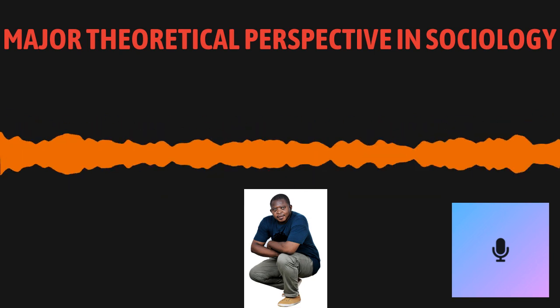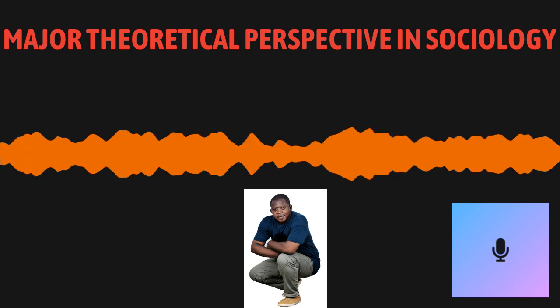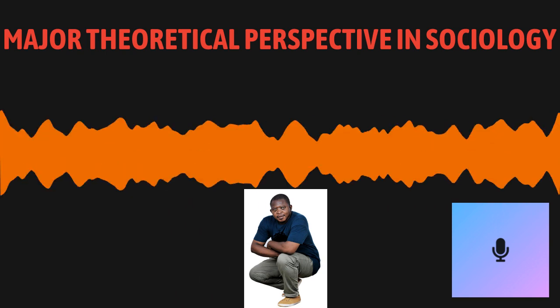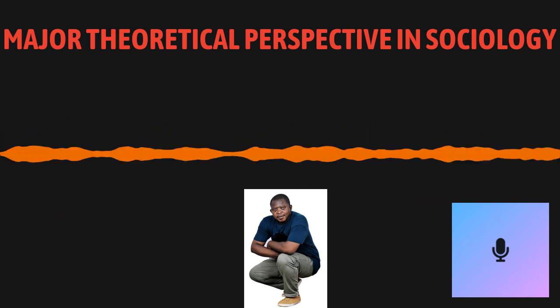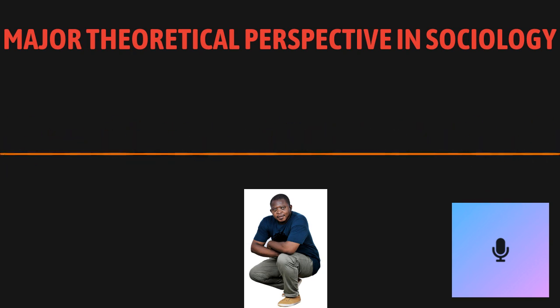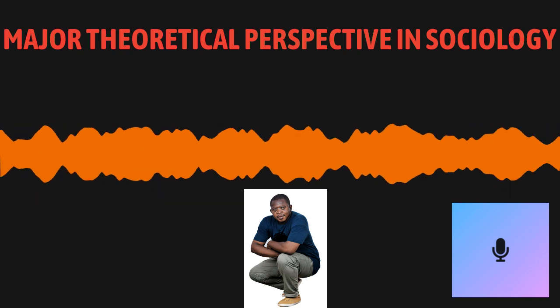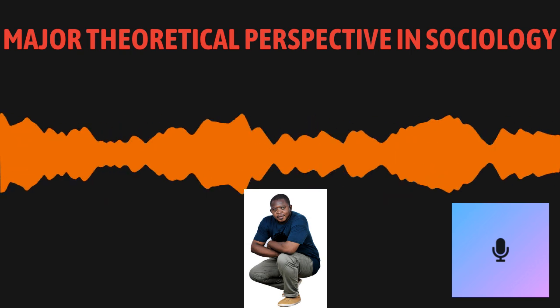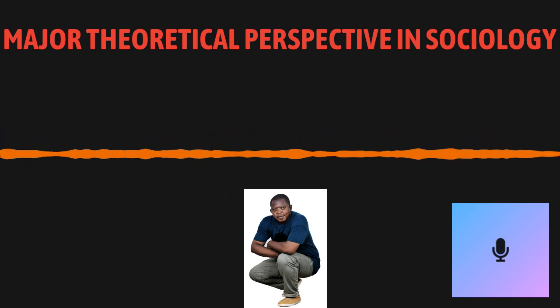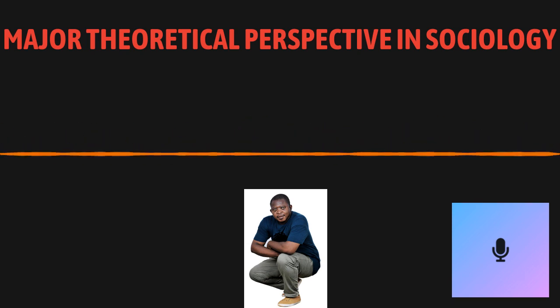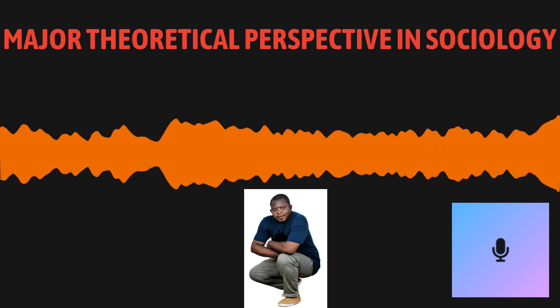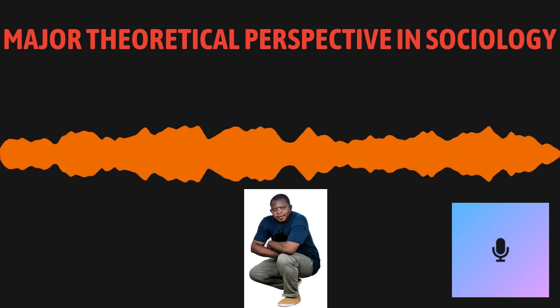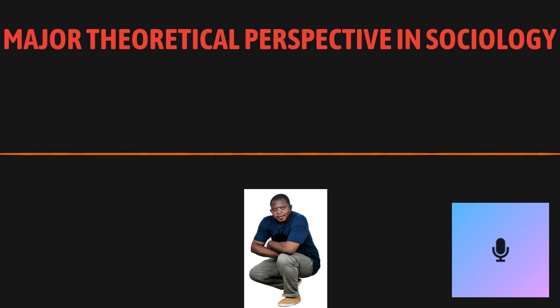When we say theory, we are just looking at a general statement about how some parts of the world fit together and how they work. There are three major theoretical perspectives in sociology that have provided an overall framework for sociological studies. These are structural functionalism, the social conflict theory, and symbolic interactionism.